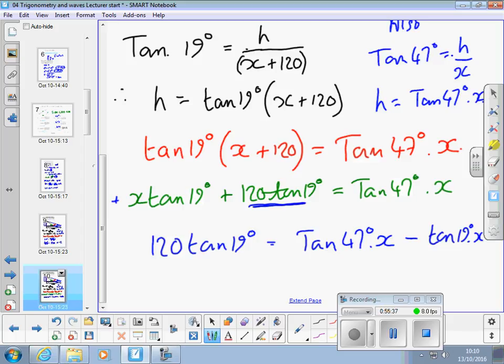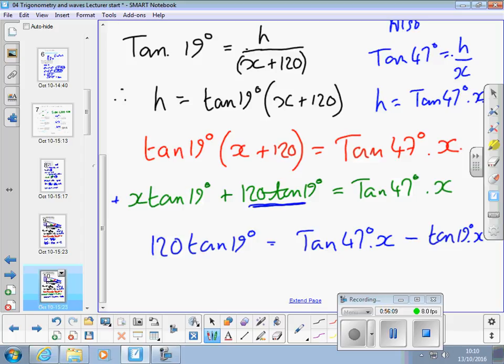Looking at these two, if we divide by tan 47, we'll cancel it out there, but we'll have this as tan 19 times x over tan 47. What's common to both those two? X. So what can we do with common factors?